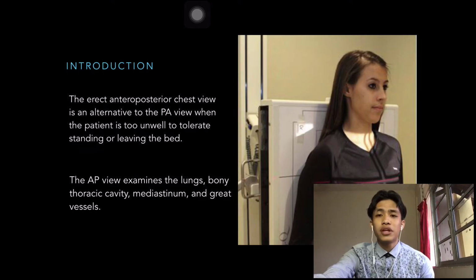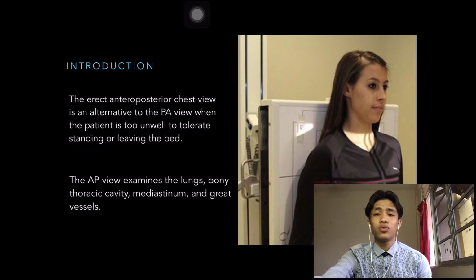Usually we use PA projection to examine our chest, so we use AP when the patient is too unwell to do PA chest. The AP view examines the lungs, bony thoracic cavity, mediastinum and great vessels.